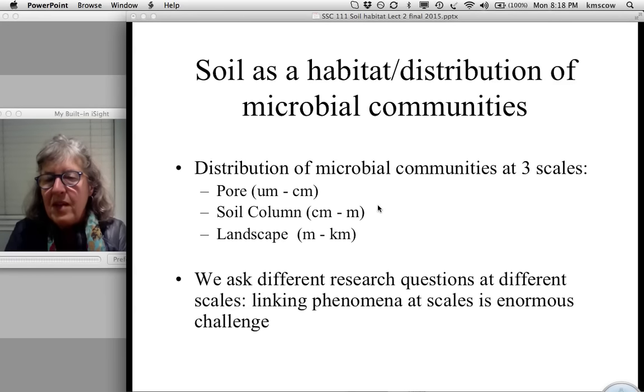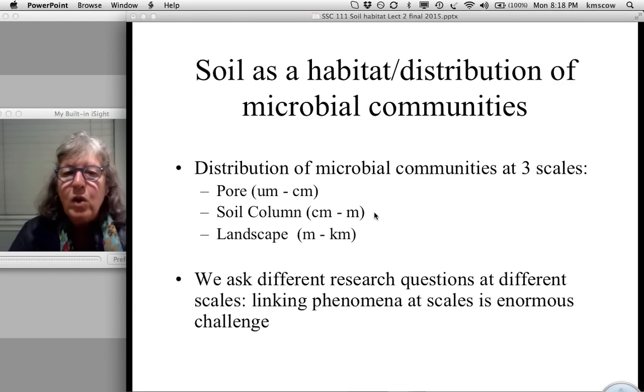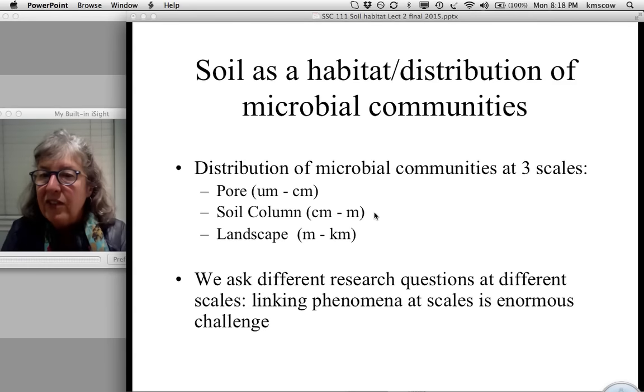And then it's interesting to think about microbes in soil as you move down with depth into the soil profile. We have a very different kind of habitat at the surface of the soil than we do deeper in the soil, and we'll talk a little bit about that. And microbes play a big role in creating these differences that we see as we move into soil in depth.